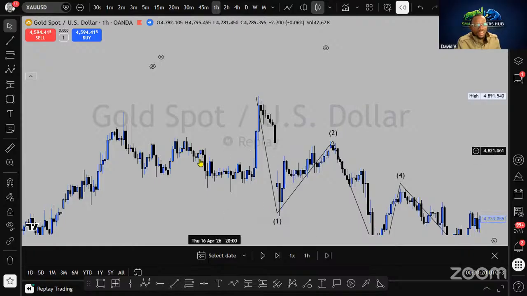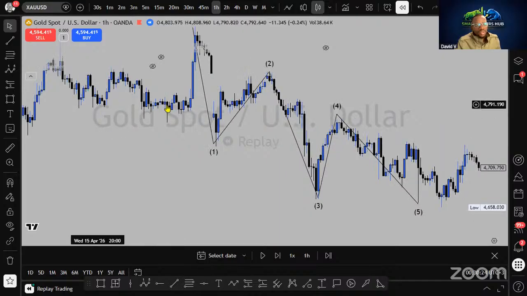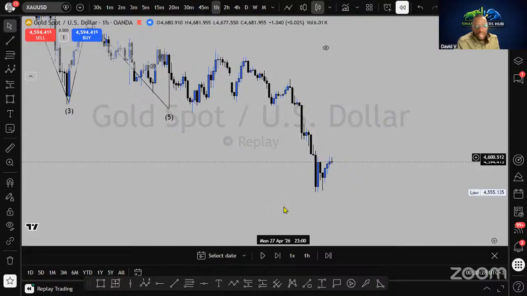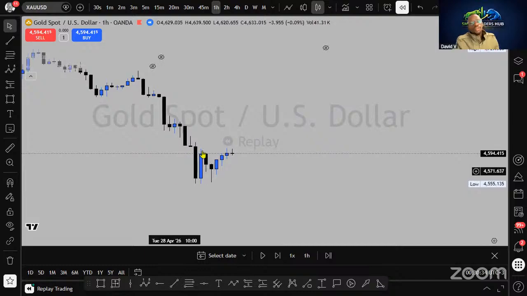Oh no. I wanted to point out this one, but it's not a very good looking one. You can see here we are forming W's and M's before we get to that head and shoulder.